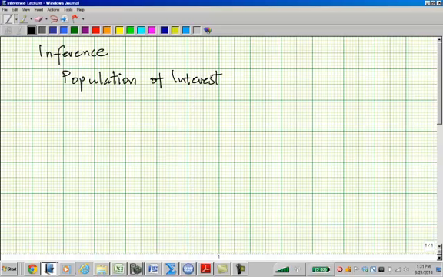The example that I used in class was talking about drug A for a population of interest, some group with a particular illness.